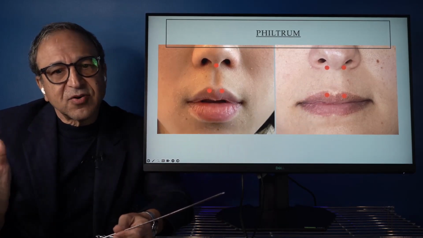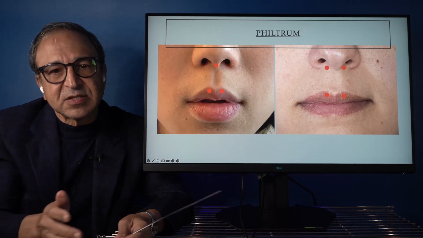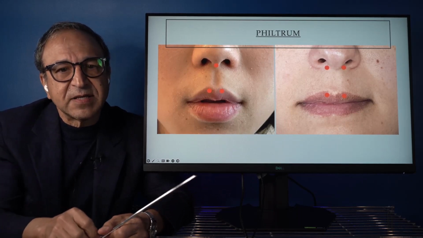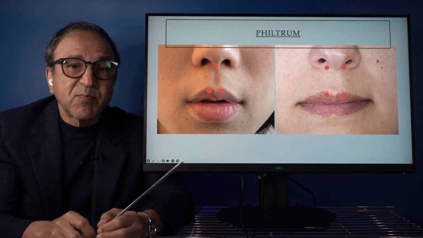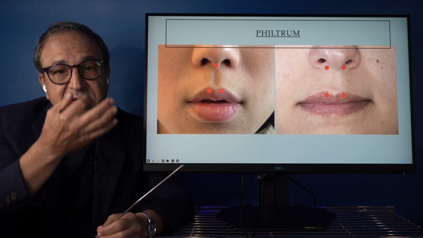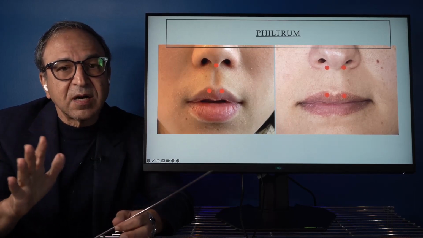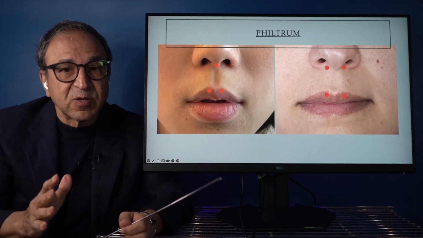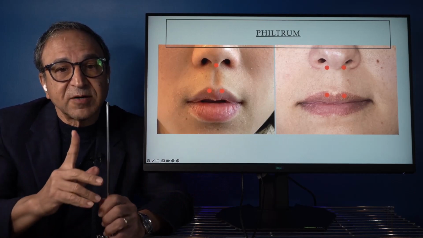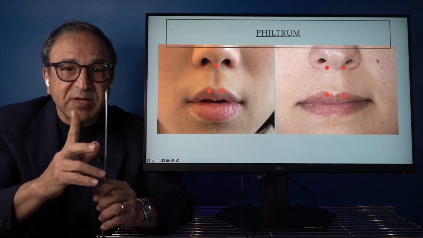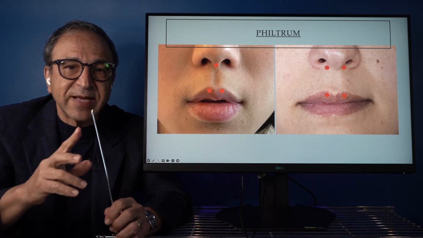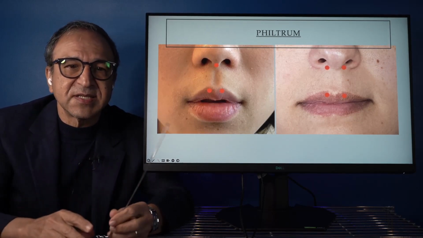Neither thing is normal or abnormal. It's just a normal anatomical variant, but it is important to me when I bring the lip up to know what type of a philtrum it was, because if it is a quadrilateral philtrum, I want to bring it straight up, whereas if it's more triangular, I want to bring the edges in.